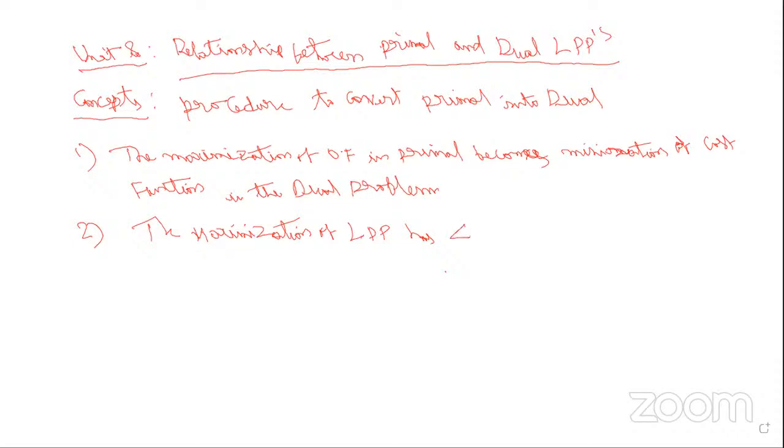The less than or equal to type constraint becomes greater than or equal to in dual.